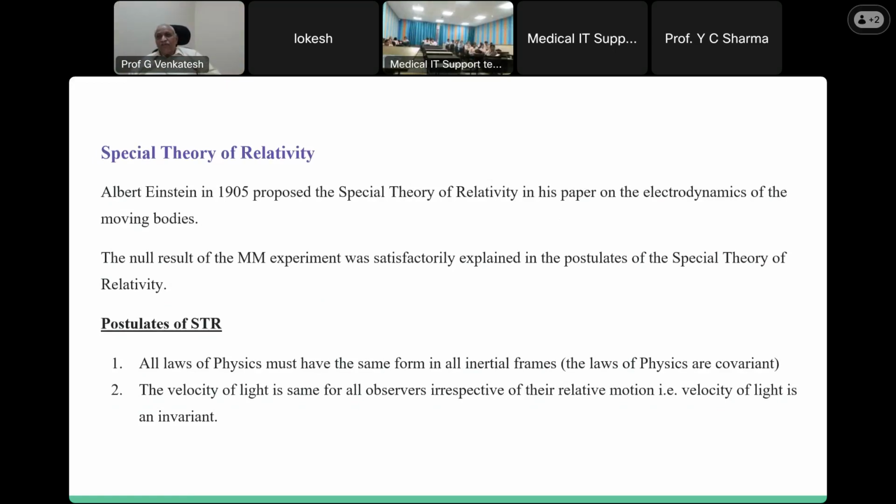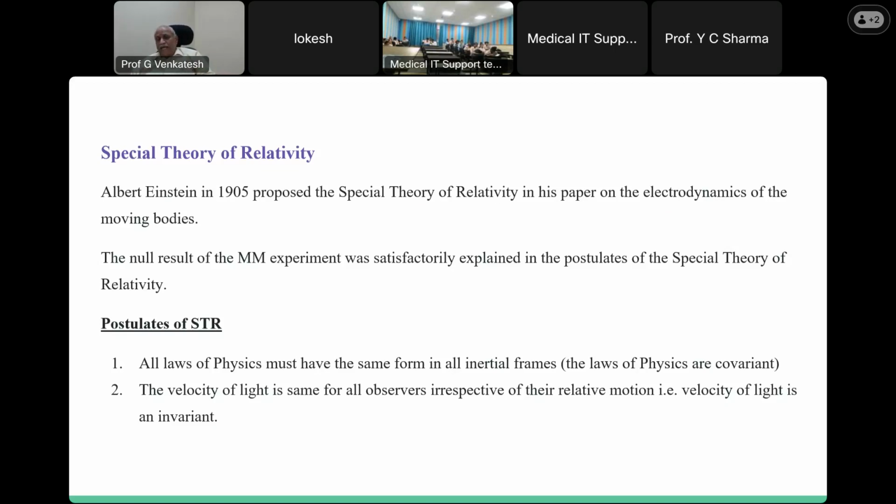Though Einstein's special theory of relativity does not refer to the results of the Michelson-Morley experiment, Einstein later, in the birth centenary of Michelson, acknowledged that the results of the Michelson-Morley experiment were very important for his special theory of relativity.